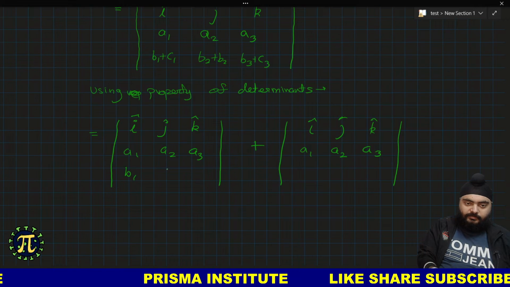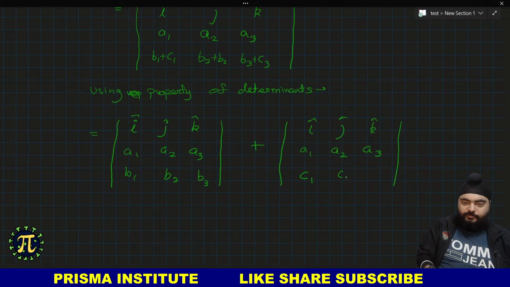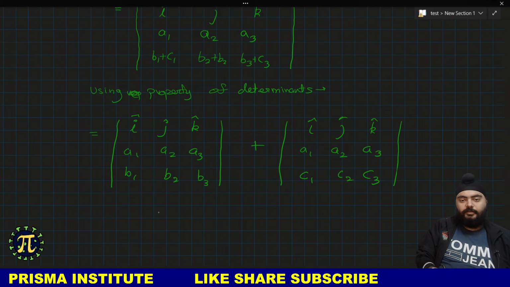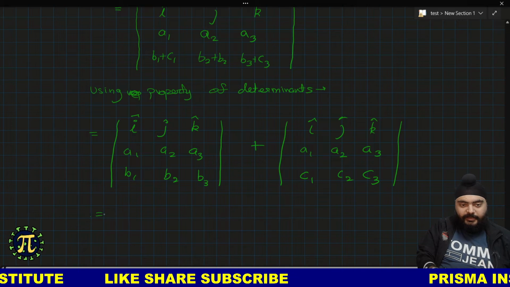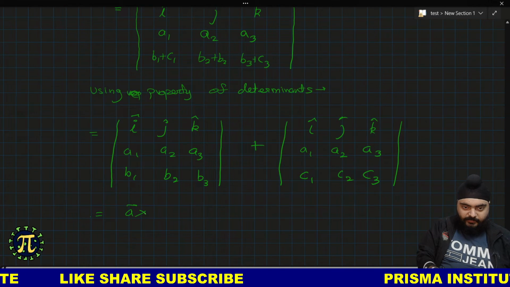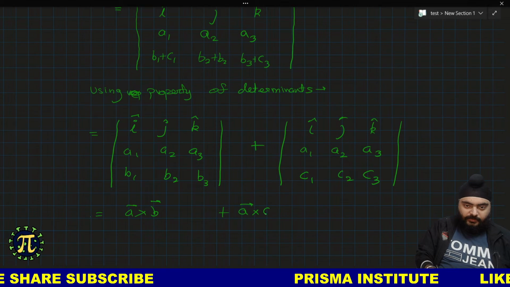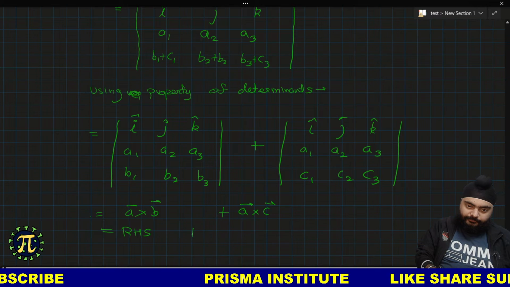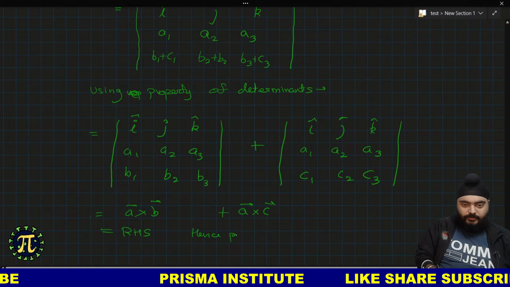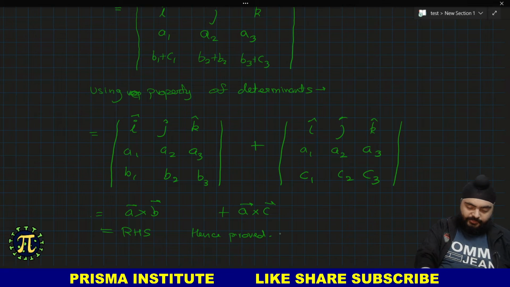So b1, b2, b3, and let's bring c1, c2, c3 here. So this is from your chapter on determinants. And what is this first determinant? This is A cross B, right? And the second determinant is A cross C, which is the RHS. So hence proved. So we proved this using the properties of determinants. Very simple question.